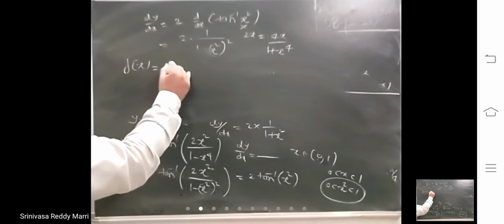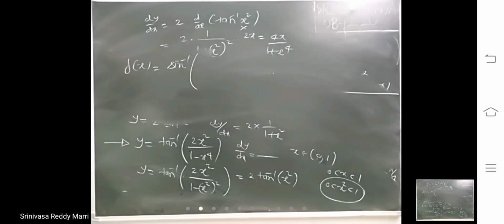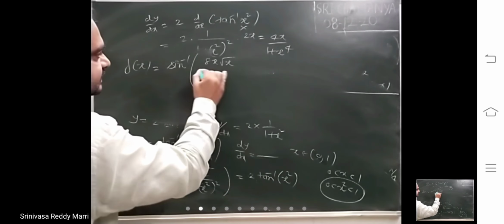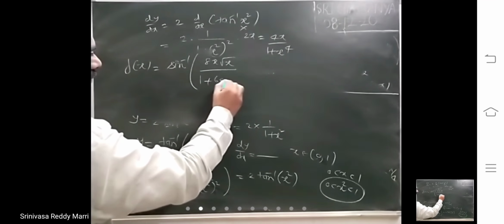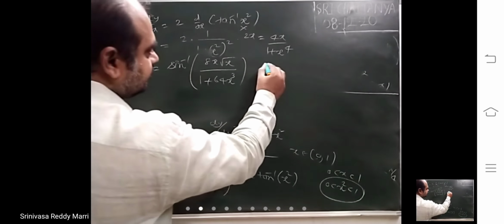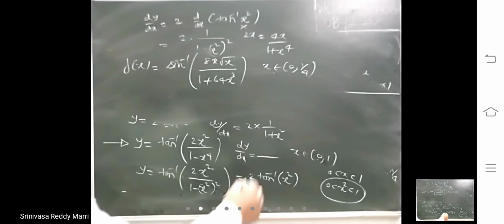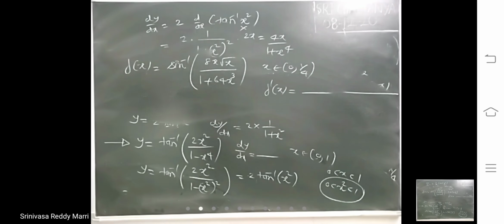f of x equals sine inverse of 8x root x divided by 1 plus 64x cube, where x belongs to 0 comma 1 by 4. f dash x equals dash.